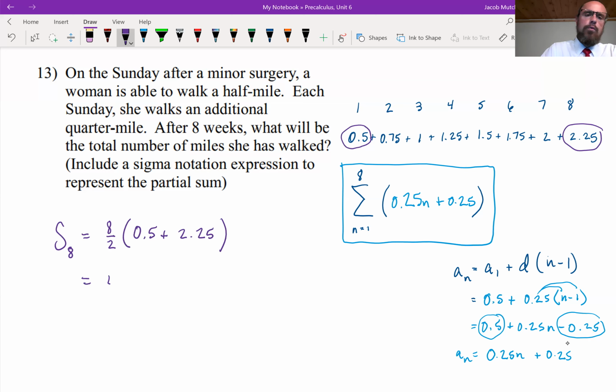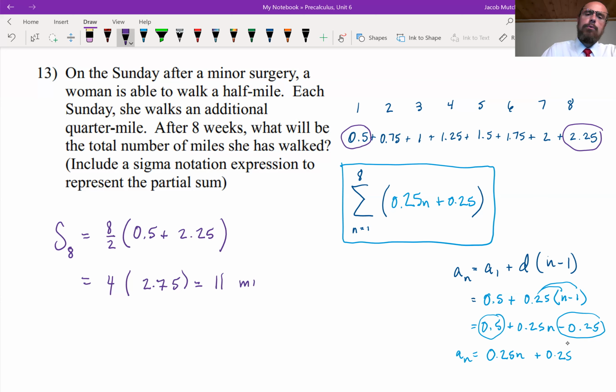So this is going to be 4 times, if I add half and 2.25, that's 2.75. And then 4 times 2.75 is going to give me 4 times 2 is 8. 4 times 3/4 is going to be 3. 8 plus 3 is 11.